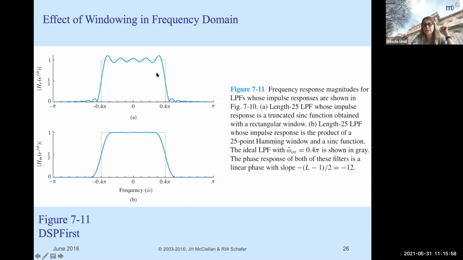This looks steeper, but it has more ripples here. But it's nicely, at least smoothly, 1 in the passband and 0 in the stop band, I mean, probably there are some small variations there, but not much. So this would be a practical FIR low pass filter, you see? The cutoff frequency, by the way, that was used was 0.4 pi. Okay?